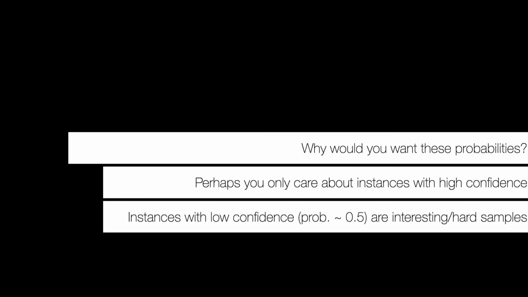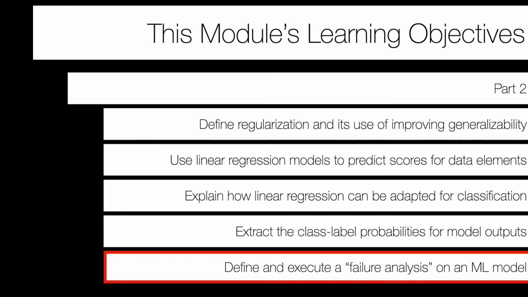And maybe you care very strongly about these uncertain instances because they are potentially opportunities for error to creep into your model, or maybe they're misclassified, or maybe you should pay attention to those points. Specifically, when we're trying to understand something about failure analysis, we want to understand how well our model is doing, and for the instances where our model is wrong, we want to understand why it's wrong. And where a model is going to fail, it's going to fail close to this decision boundary.